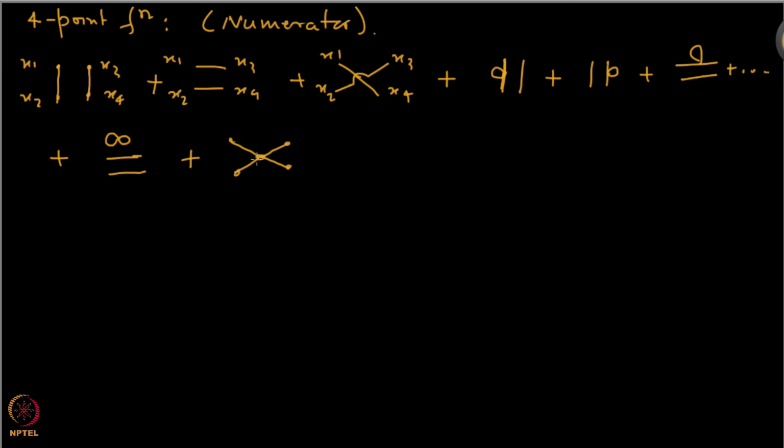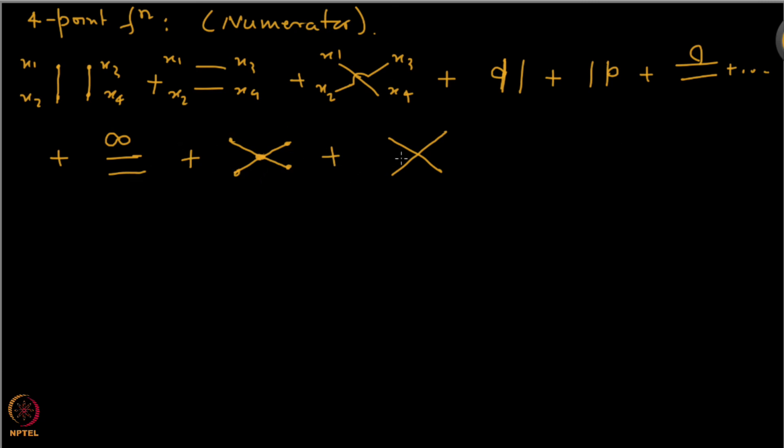So the vertex is here, this one is connected to this one here, this one here, this one there. That is another possibility. Note that I am adding up all of them because that is what is in the numerator. I am not drawing all diagrams, I am drawing some diagrams.